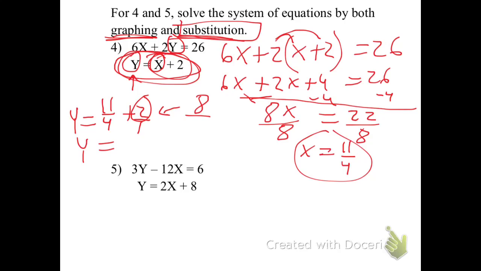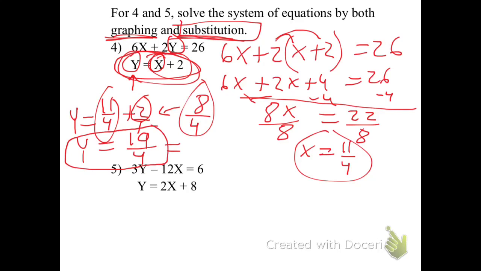That would give you 8/4. So now you can add the 11/4 and 8/4 to get 19/4, which is, if you decide to turn it into a proper fraction, you can. It's just 4 3/4, but you don't have to, because I didn't on the x.